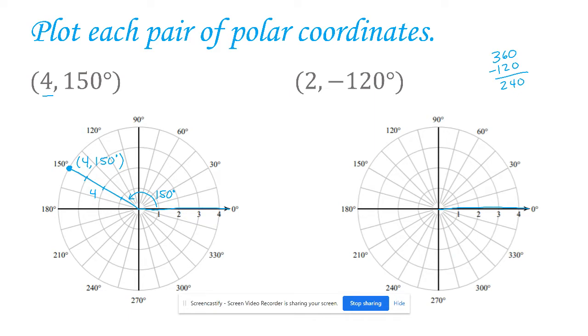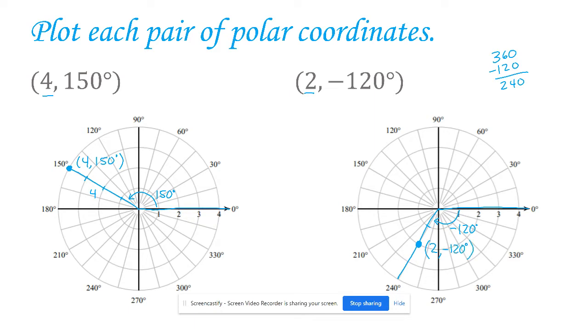So negative 120 would put us at the same place as positive 240. So I'm going to make my terminal side there. So that is my angle, negative 120 degrees. I'm going backwards around the circle this time. And my r coordinate is 2, so I'm going to go out 2 from the middle, and that's going to put me right here. So that right there is the point 2, negative 120.